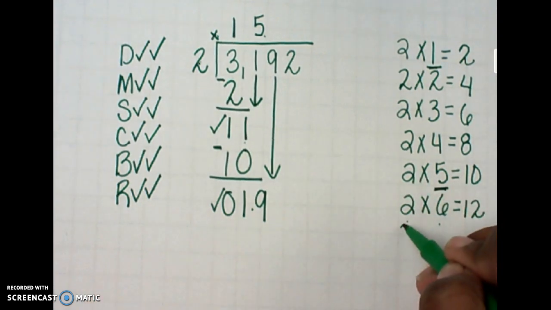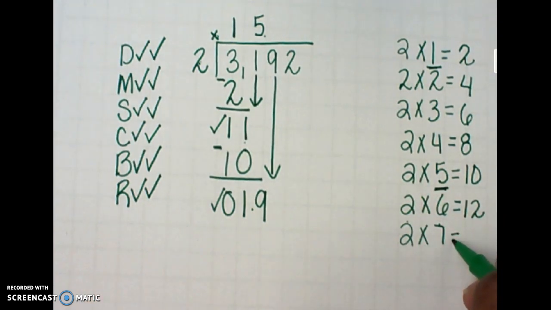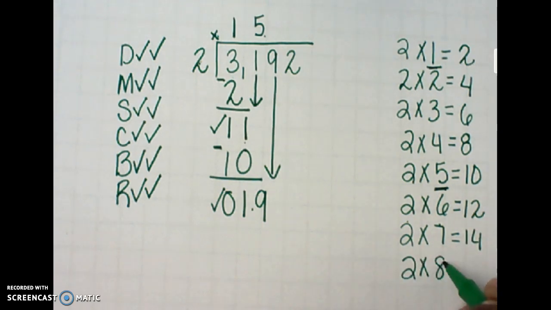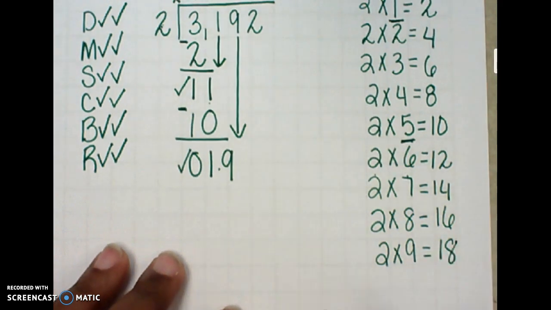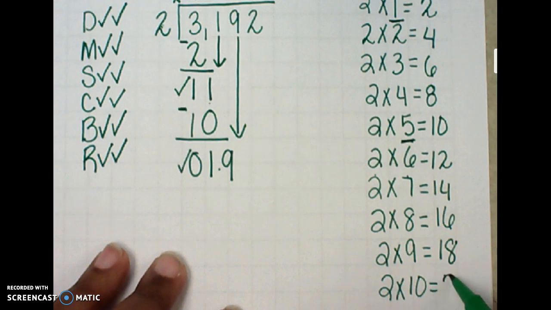So 2 times 7 is 14. 2 times 8 is 16. 2 times 9 is 18. Let me pull this up here. 2 times 10 is 20. And I'm going to stop there at 20.